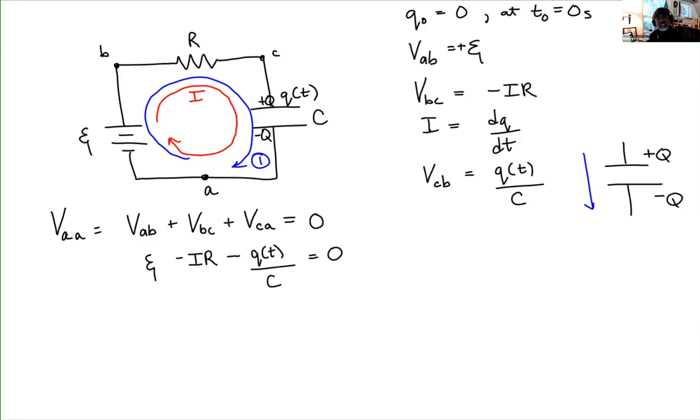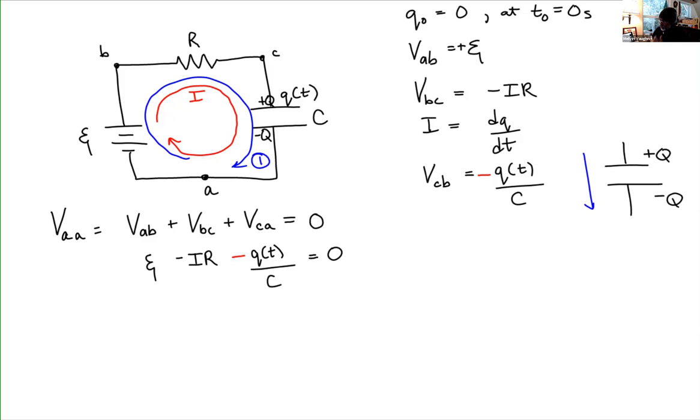When we go from the positive plate to the negative plate, we are lowering our potential. The change in potential is negative, so this potential difference across the capacitor has to be indicated with a negative sign. And that negative sign is important for our circuit.